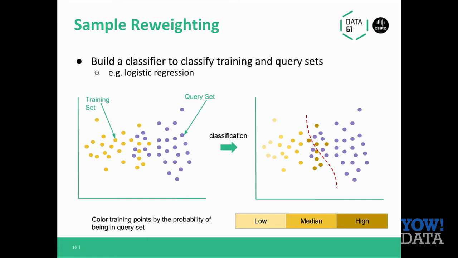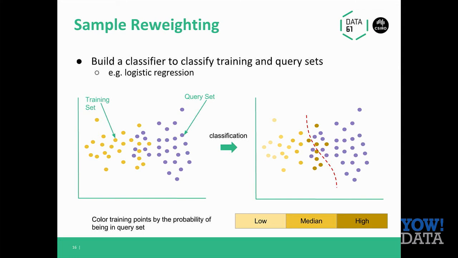So with sample reweighting, we first build a classifier to classify training and query set. Maybe training data got label 0 and query data got label 1. So for instance, we have this data set where the training data points are in color yellow and the query sets are in color purple.